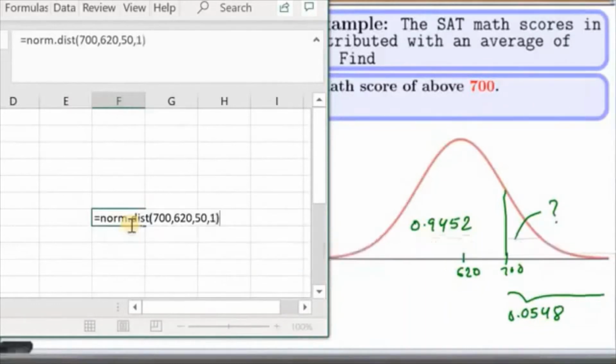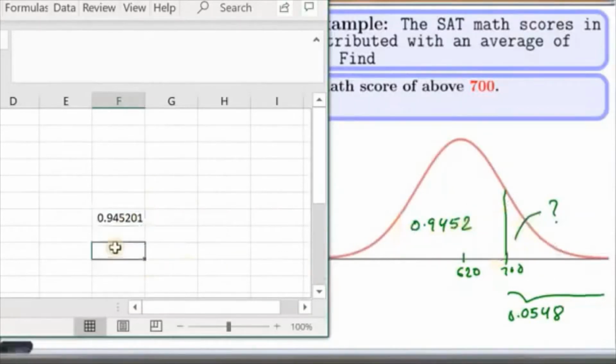Then close parenthesis, then hit enter. This number here is the area to the left, but we need area to the right. So all we need to do is subtract this number from 1. So let's do that. For that, type in equals, then type 1 minus this number here, then hit enter. And this is exactly what we got using calculator and also table.